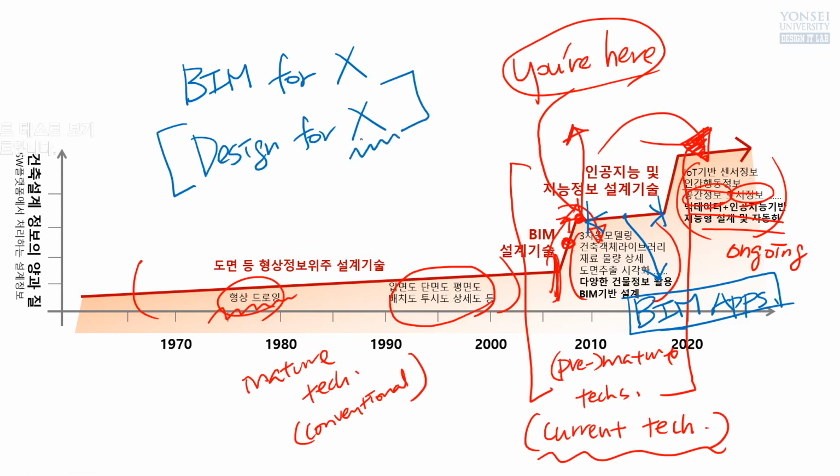This X can be replaced with anything. For example, visualization. Think about that. You are working with SketchUp, AutoCAD. For what? For the final presentation or some progress presentation to your design studio instructor. So your main purpose used to be mostly visualization, representation.